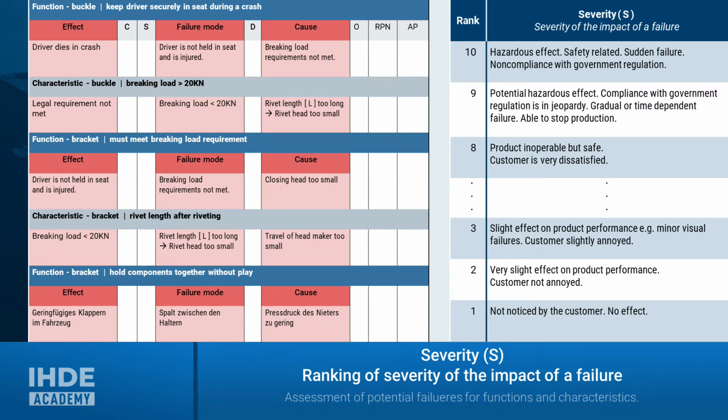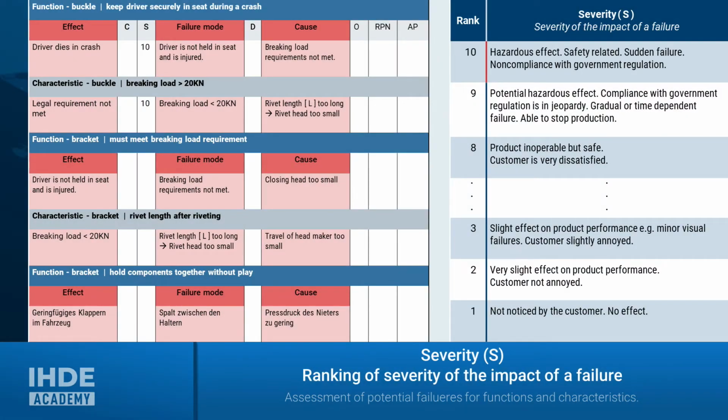A failure could be ranked with a 3 if the customer would only slightly be annoyed or only minor visual or noise impairments were the consequence. It would be a 2 if the customer was hardly touched or if there were hardly any noticeable visual or acoustic impairments.